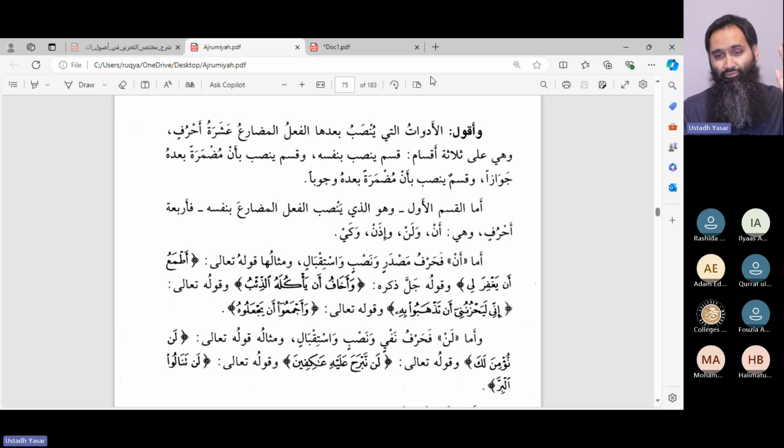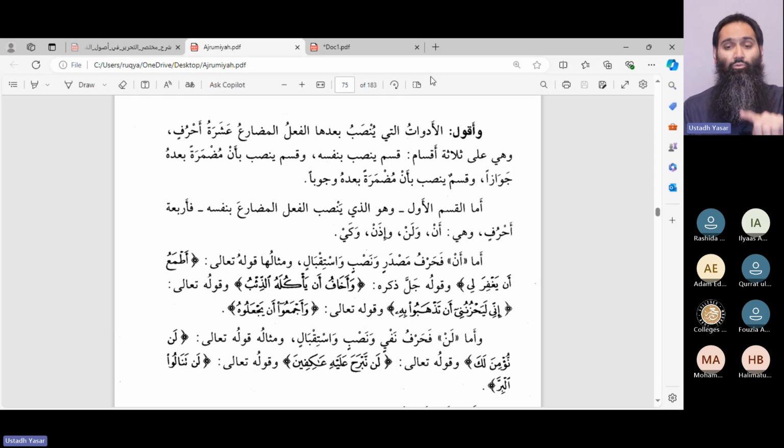That's why it's jawazan. Then the third category, وَقِسْمٌ يَنْسِبُ بِأَنْ مُضْمَرَةً بَعْدَهُ وُجُوبًا. Then there's a qism which also makes the fi'l mudari mansoob. But does it by itself? No. Again, with the help of an mudmaratan ba'dahu.